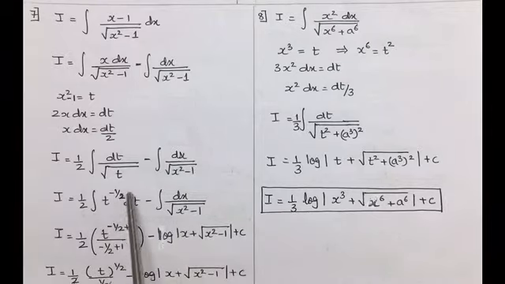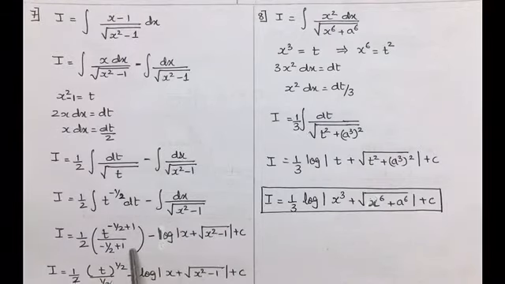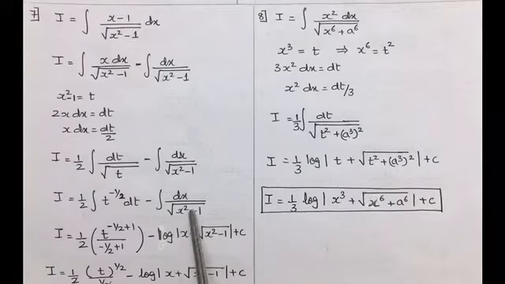Integrating t raised to minus half as half, minus half plus 1 upon minus half plus 1, and the standard integration using here, that is under root x square minus a square, we get log of x plus under root x square minus 1 plus c. So referring to the standard integration, this is the integration for under root of x square minus a square.